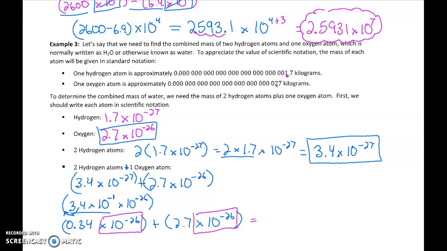So just like before, I'm going to pull out that power of 10 and then just add these together. 0.34 plus 2.7. Type that into a calculator. Good news, at least on this one, is we don't have to worry about balancing it out and writing it in scientific notation, because 3.04 is a number in scientific notation.